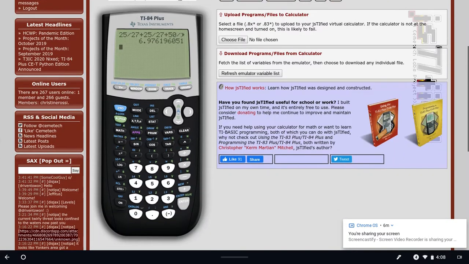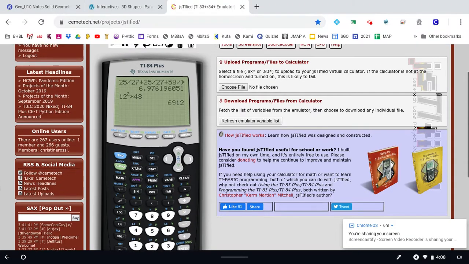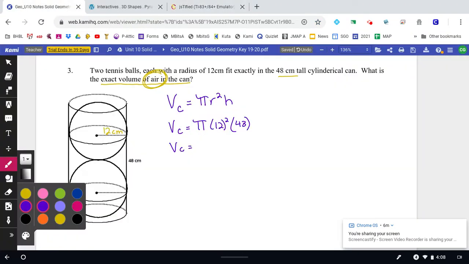So we have 12 squared times 48, which is 6,912 pi, and it's going to be centimeters cubed. Now let's talk about the tennis balls. The volume of my spheres is 4/3 pi r cubed.